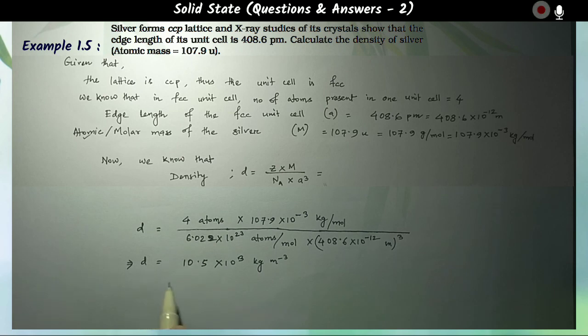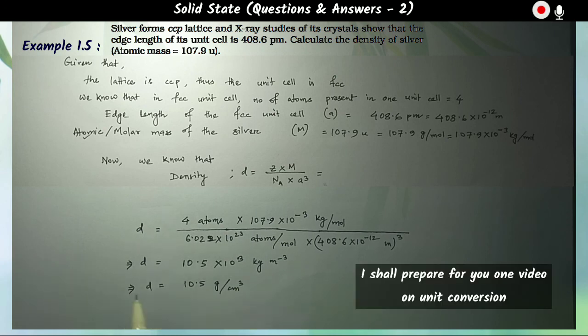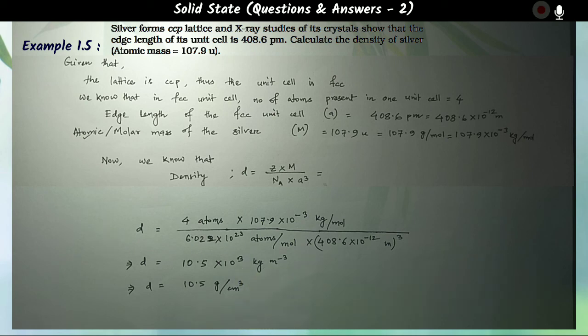If you convert this into gram, it will be 10.5 gram per centimeter cube. So there are two ways. You can directly use the CGS unit here to get the value in gram per centimeter cube, or you can use the SI units like this, and again convert it into CGS unit.